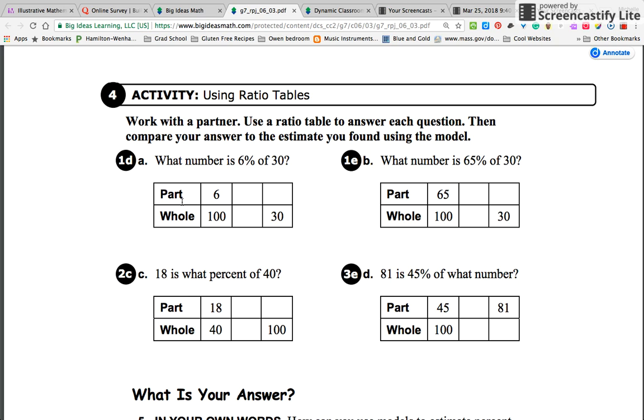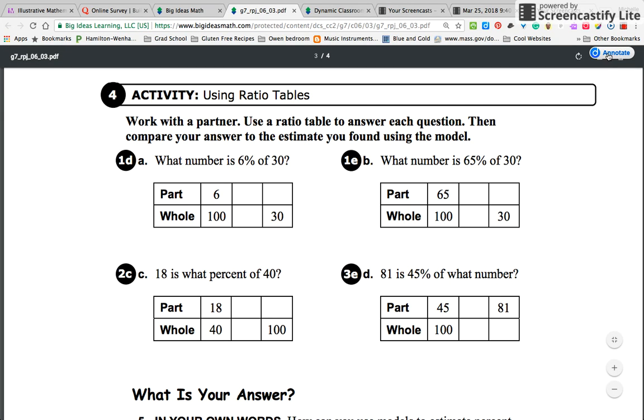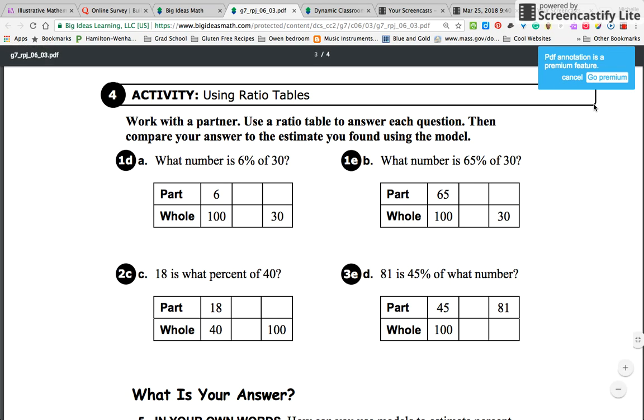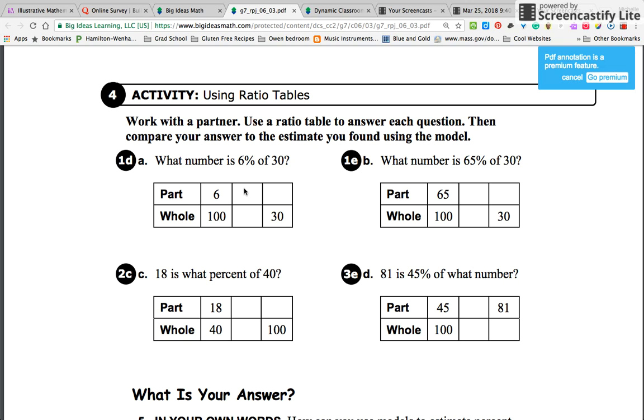So in this first one here, we'll have 6 out of 100. That is equal to, I'm sorry, 0.6 out of 10.